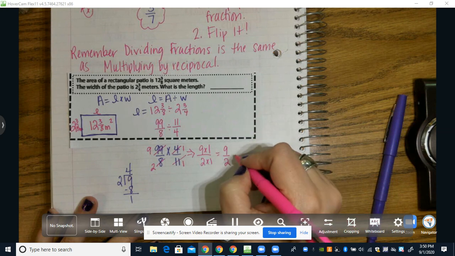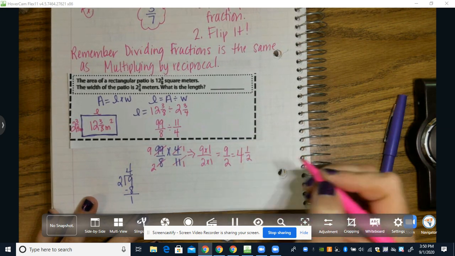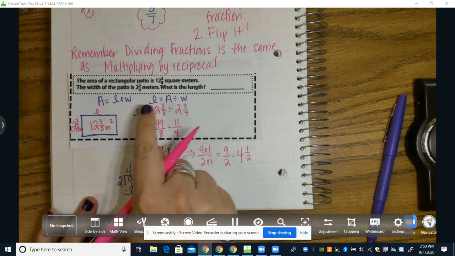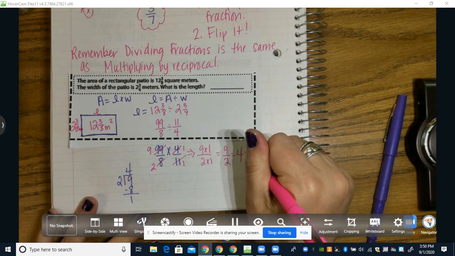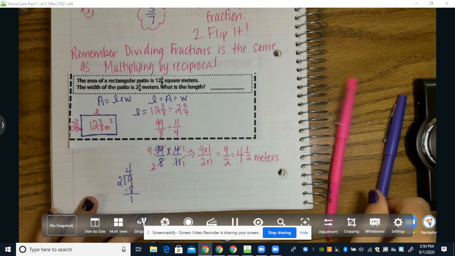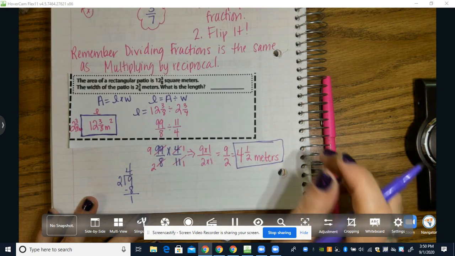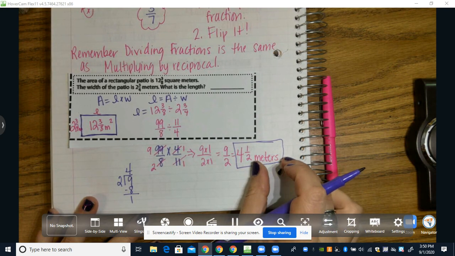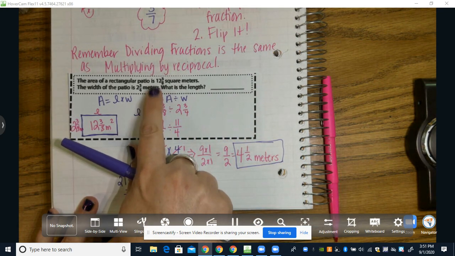So 9 halves is equal to 4 and 1 half. But that's not my answer because what measurement are we dealing with? Meters. So we need to make sure we put meters behind it, because we need to make sure our unit of measurement is the same as what's in the question.